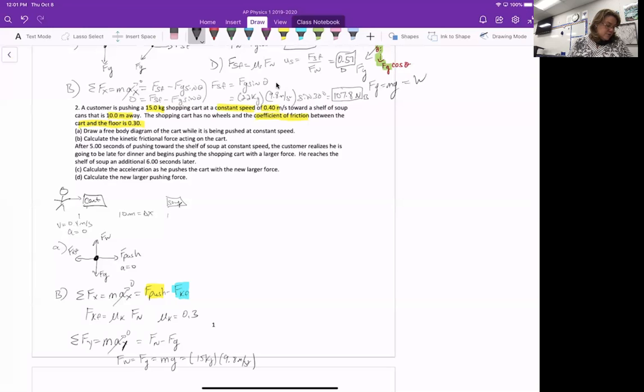And I believe force normal is 147 newtons. Did I have to find that? No, I didn't. Okay. So now go back up here, plug that into force of kinetic friction, which is equal to 0.3 times 147 newtons, which is equal to what?